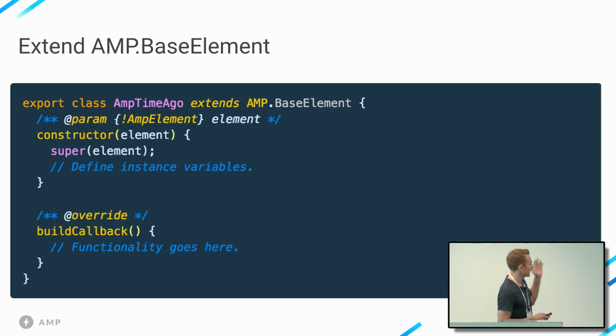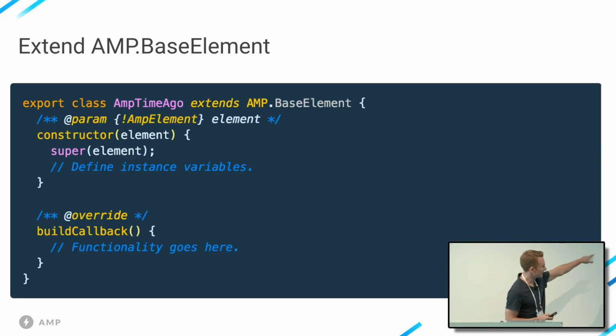And then the first thing we do inside here is create a constructor, which is always required when we create a new class. And you see at the top, first thing inside the constructor, is that we call super on the element. And that really just creates an initial element for us based off of the one that's provided by the base class.